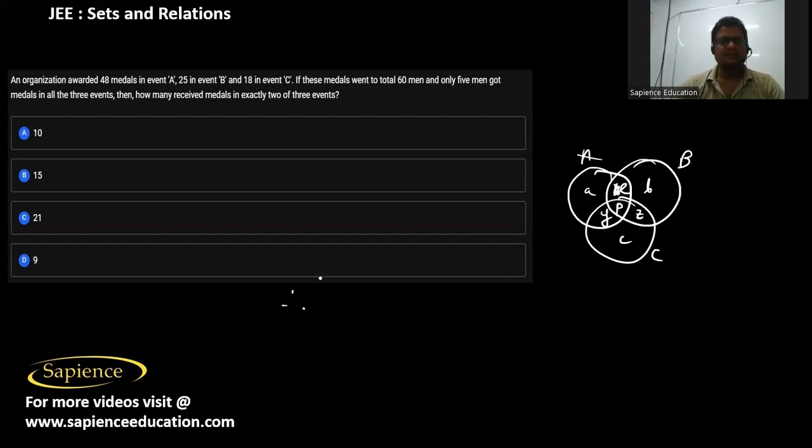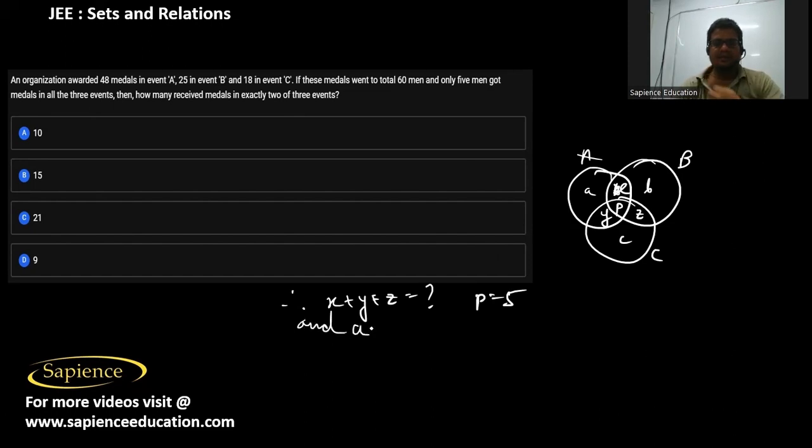So we have to find how many received medals in exactly 2 events. It means we have to find the value of x plus y plus z. And p equals 5, since here it is told only 5 men got medals in all the 3 events.